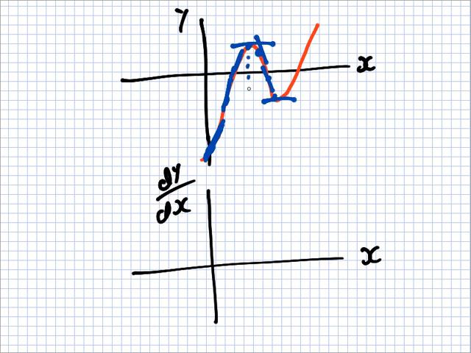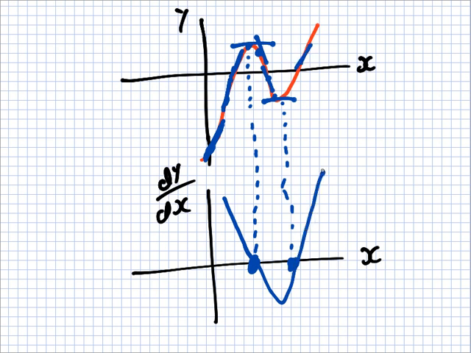So if I was to match this down here, here the first derivative is 0, and here the first derivative is 0, and to the left it's positive, in between it's negative, and here, positive. Now that's hardly shocking, because if you have a cubic function and you differentiate it, what type of function will you get?